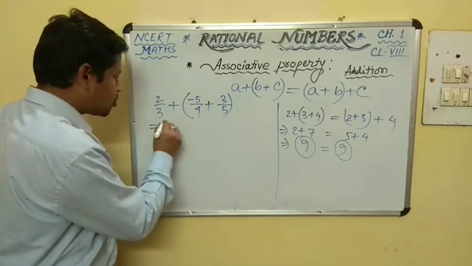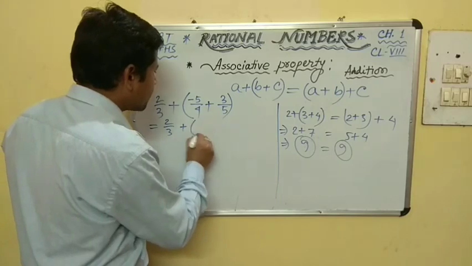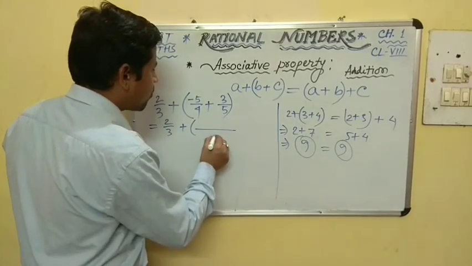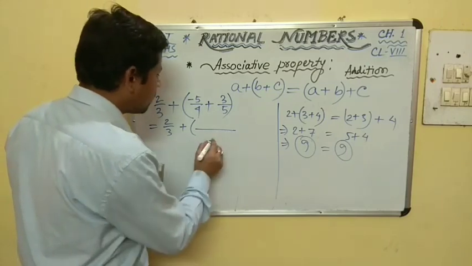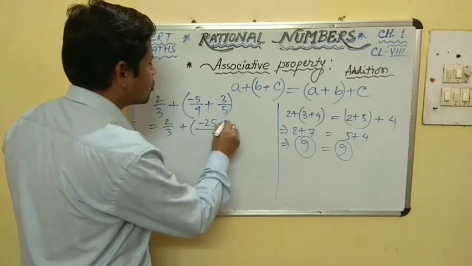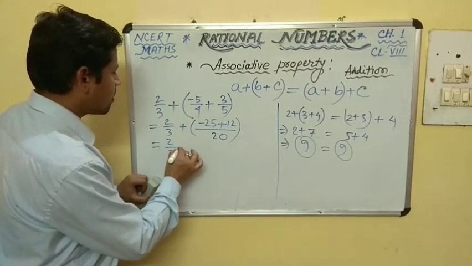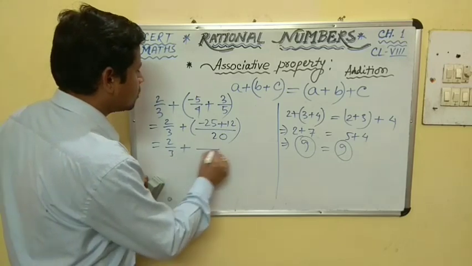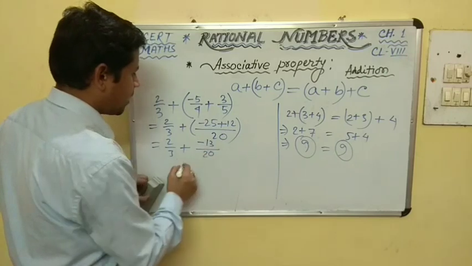The result becomes 2 upon 3 plus, with 4 5s are 20, the LCM gives you 20, minus 25 plus 12, the result is minus 13 by 20.